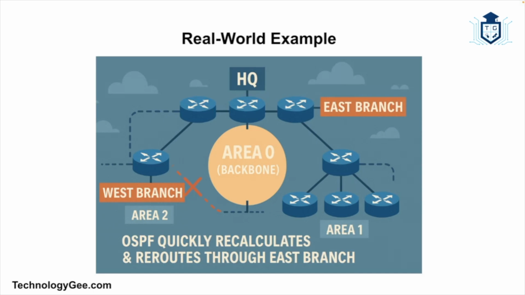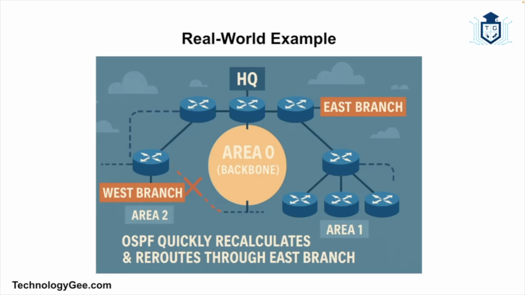And to help you all visualize this, let's just imagine that you have 3 sites. You got your headquarters, your East branch, and your West branch. Now, each site has multiple routers. Your headquarters is your area 0 or your backbone, and your East and West are area 1 and area 2. And also, each branch connects back to the headquarters. Now, each router runs OSPF.